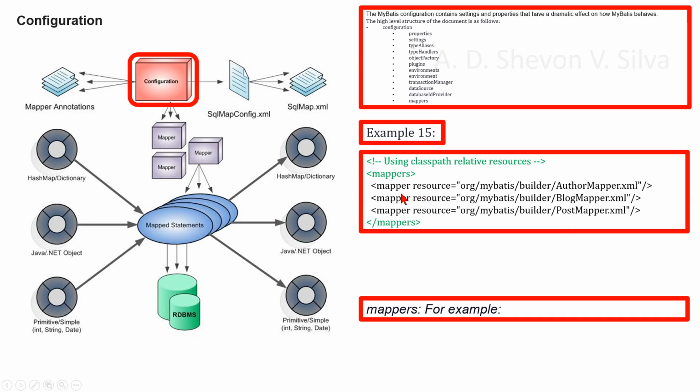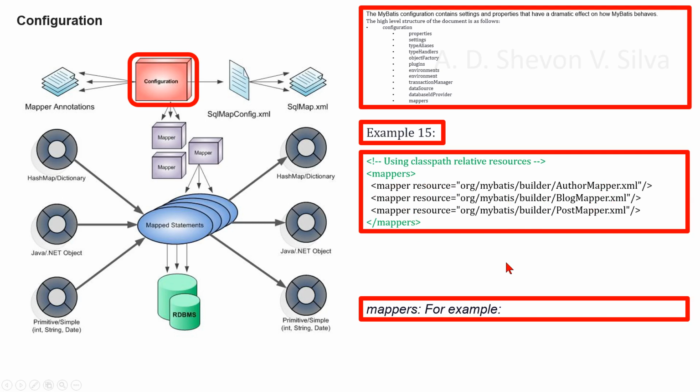You can use classpath relative resource references, fully qualified URL references, including file:/// URLs, class names, or package names, for example. Here, using classpath relative resources; using a fully qualified URL; using mapper interface classes; or registering all interfaces in a package as mappers.